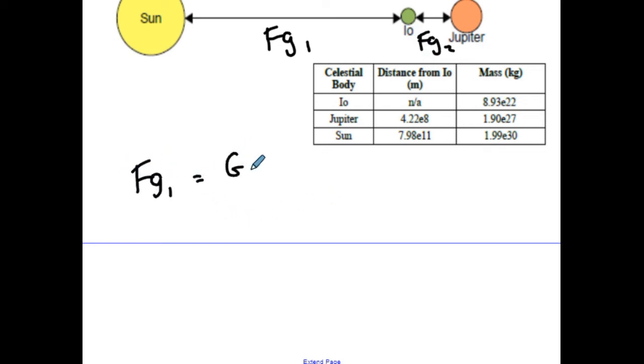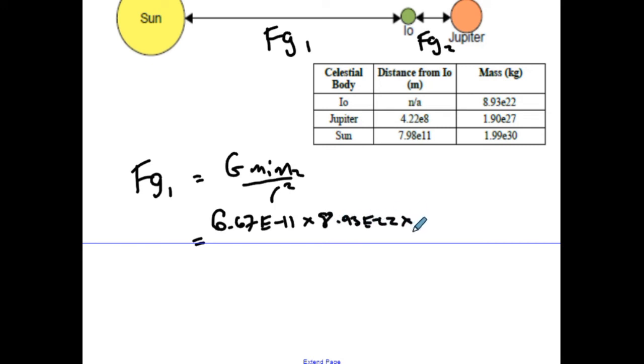This is going to be G m1 m2 over r squared. And the way it's going to work is it's going to be 6.67 times 10 to the minus 11. We always use that number as the constant, which kind of made the numbers all fit together perfectly. Then we need to multiply by the mass of one of our objects. So let's go with the mass of Io. So 8.93 times 10 to the 22.